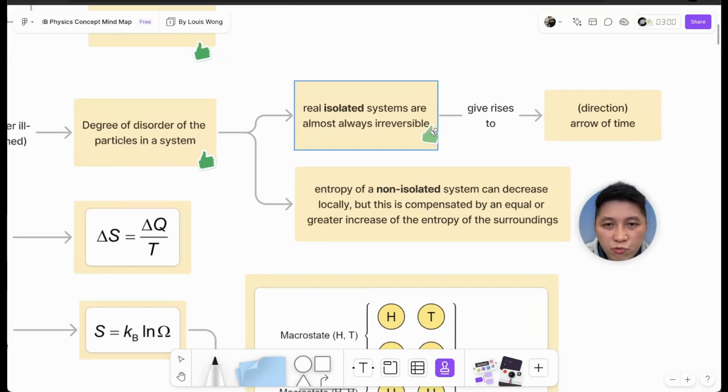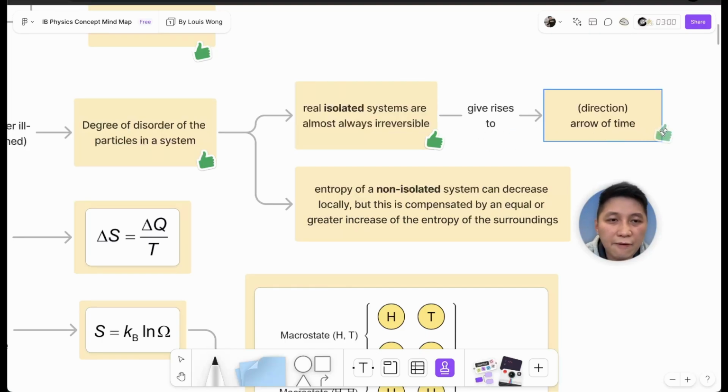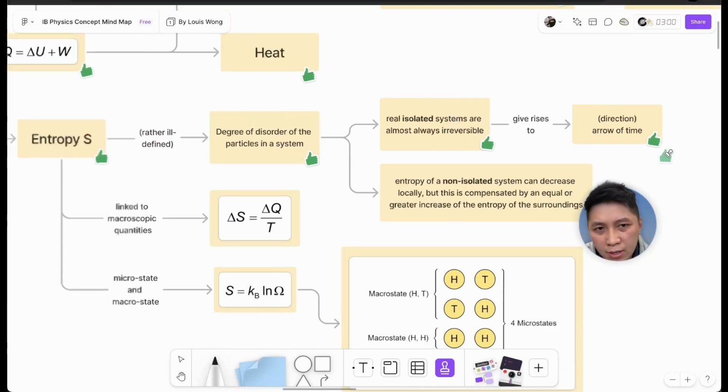In a real isolated system, the state is always irreversible, and therefore the entropy increases, and that tells us the direction of the event, which is called the arrow of time.